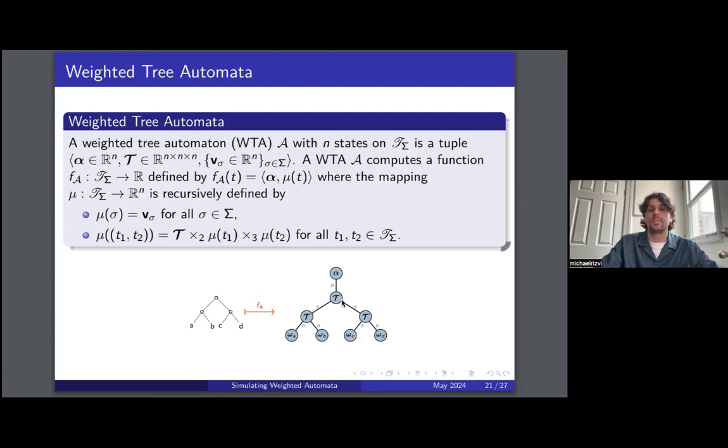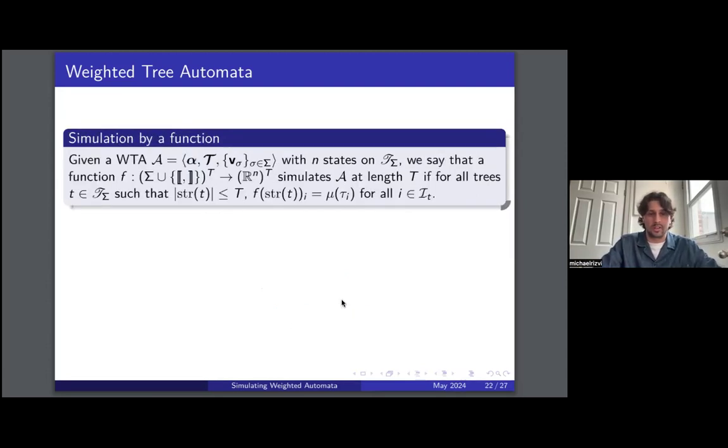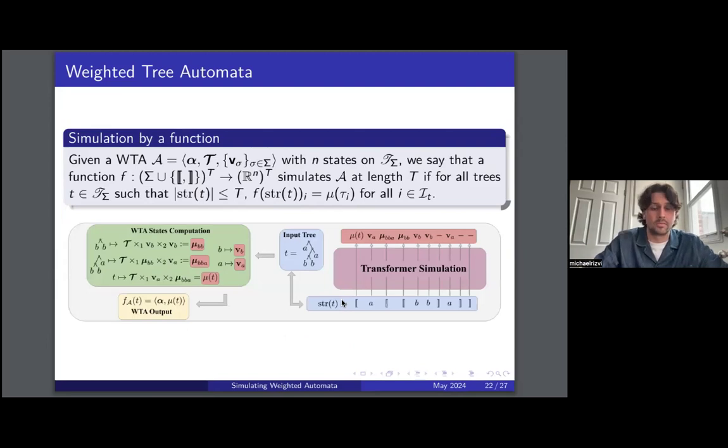And this brings us to the definition of a simulation. What we mean by simulation here, in an analogous fashion to what we have for WFA, is that we can show the computation of each subtree with our transformer. Like I mentioned previously, if we have some simple tree here, we're going to compute each subtree recursively and add this together.